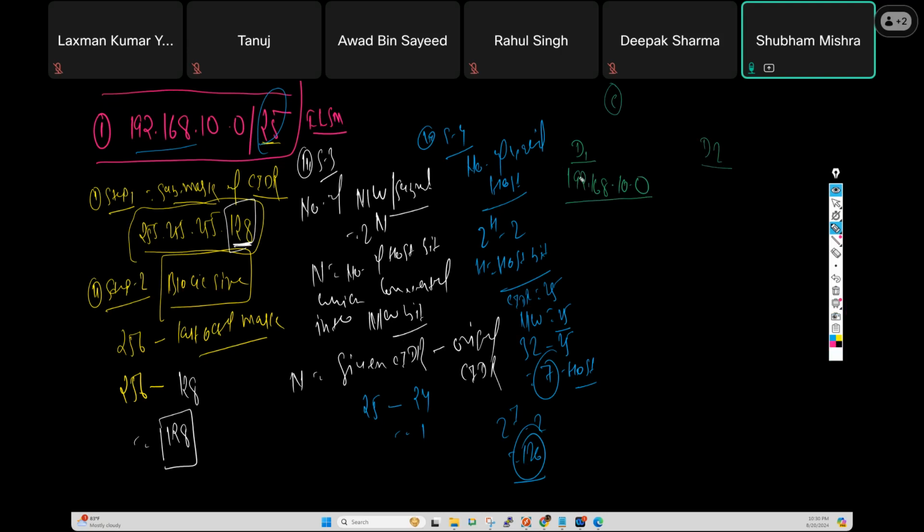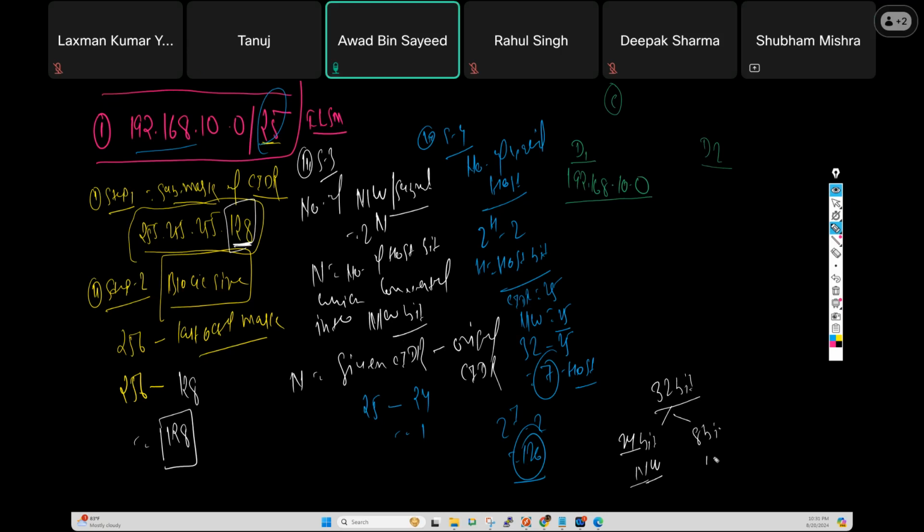If it belongs to class C, class C means what? Class C means total size of IP address is 32 bit. And in class C, by default, subnet mask, or you can say CIDR value, is 24. Yes or no? So 24 means 24 bits are network bits. And the rest, how many bits? 8 bits are host bits.